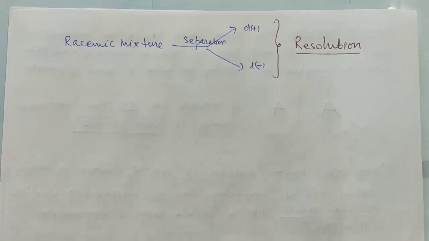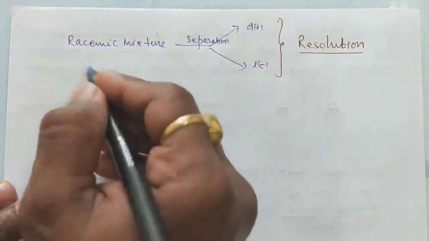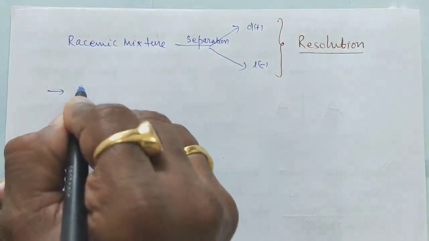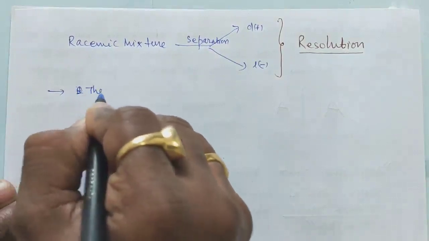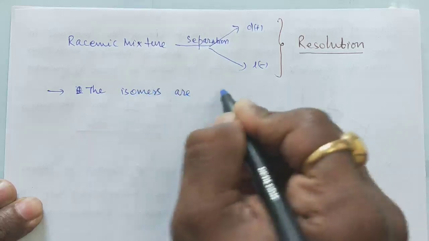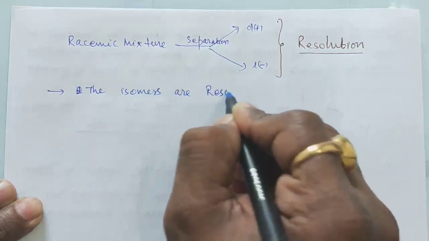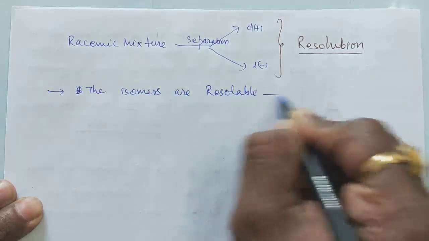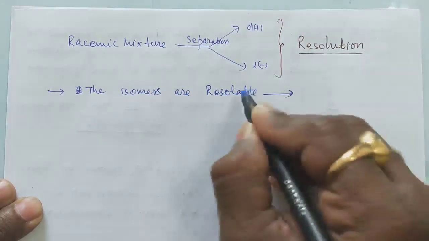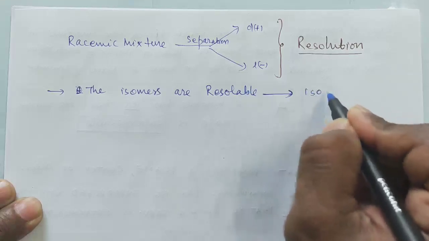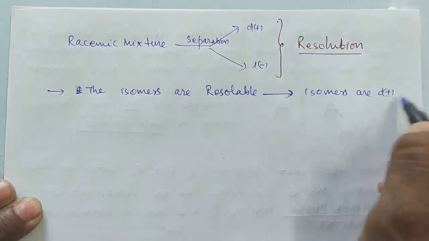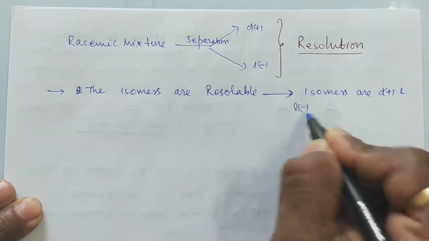If it is written anywhere that the mixture or the isomers are resolvable, what is the meaning? It means the isomers are D plus and L minus.